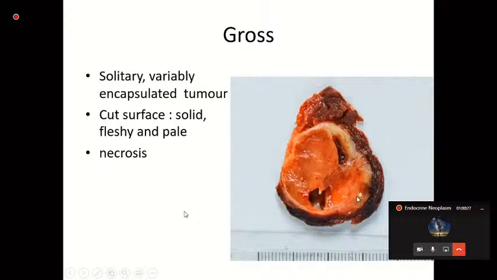No. In this case, maybe there is invasion. Other things we have to see are whether there is necrosis or hemorrhage. This indicates, from the gross, maybe it is malignant or something.